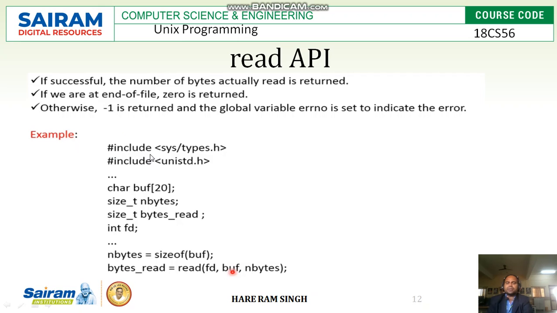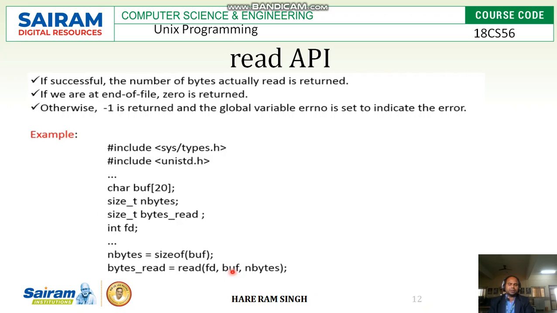For example, let us see here. Two header files we are including: #include <sys/types.h> and #include <unistd.h>. char buff[20]: we are creating a buffer array of size 20 bytes.